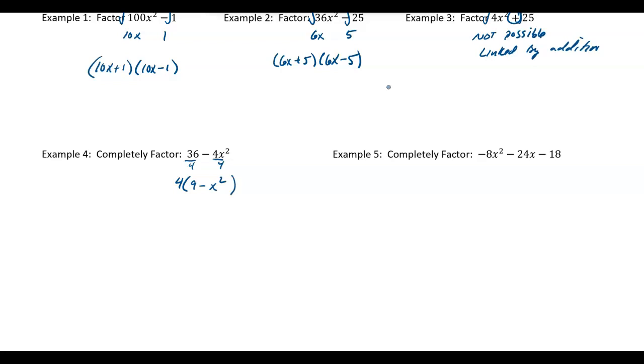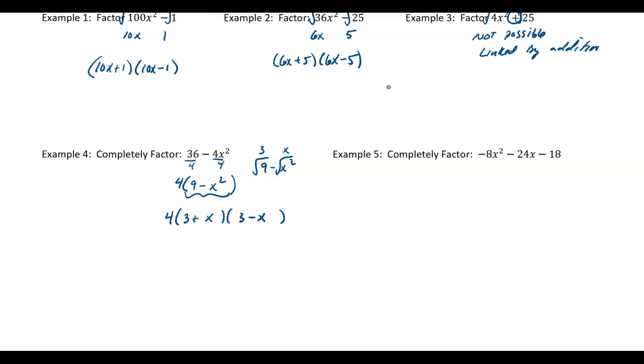Square root of 9 is 3, square root of x squared is x. Is that a difference of two squares? Difference meaning subtraction, perfect square. So bring down my GCF, and now this will be 3 plus x, 3 minus x.